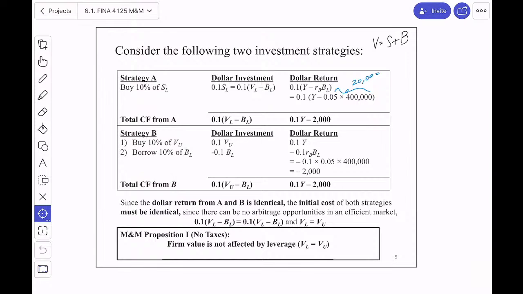So they can borrow 10% of this value, and that would have to be, that would be a negative, right?